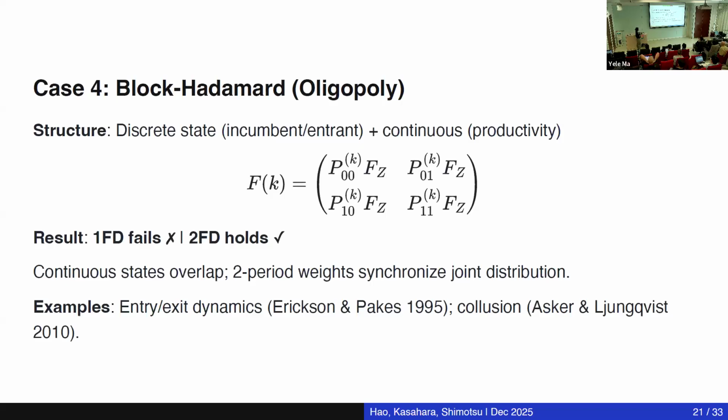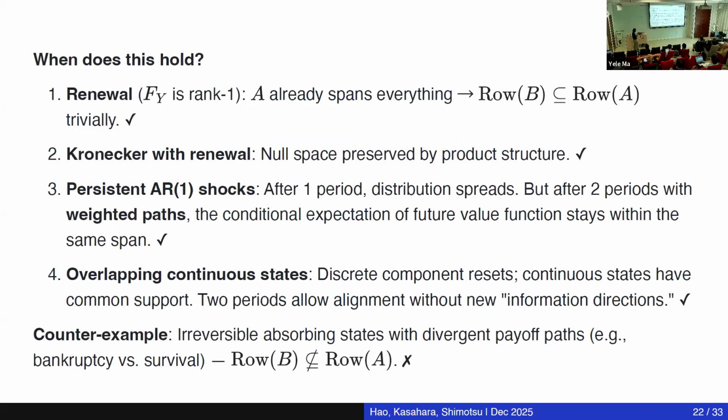In that case, one-period finite dependence does not hold. Two-period finite dependence will hold. So that's all we got from the simulation.